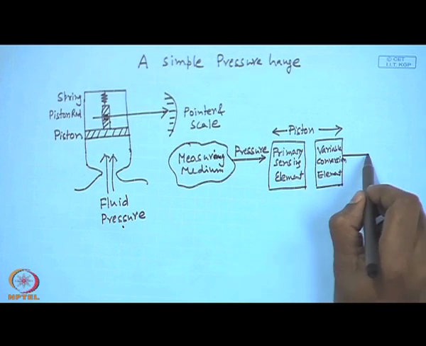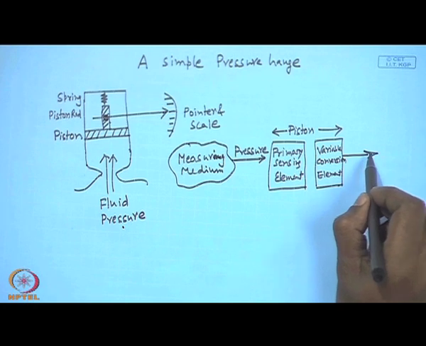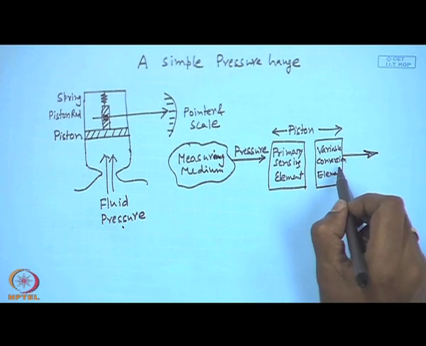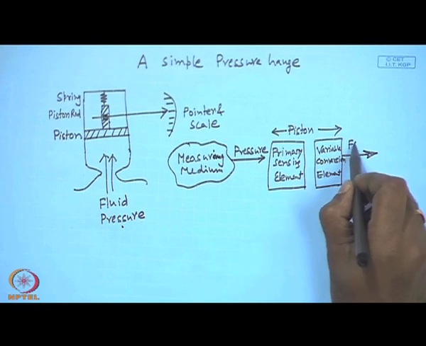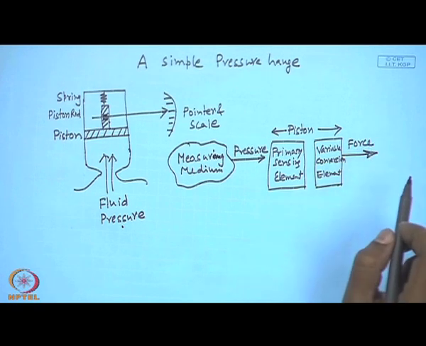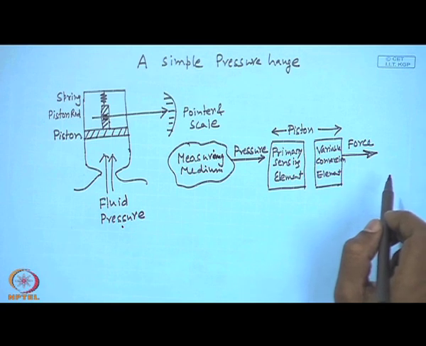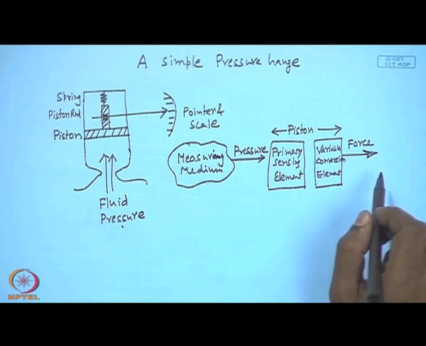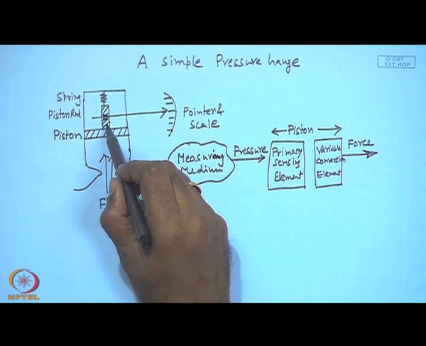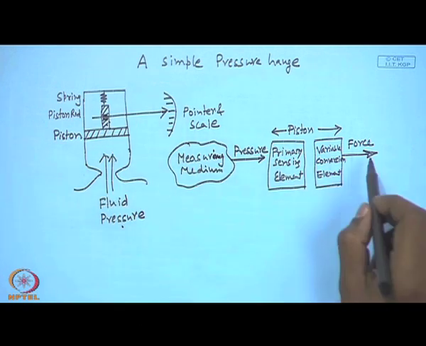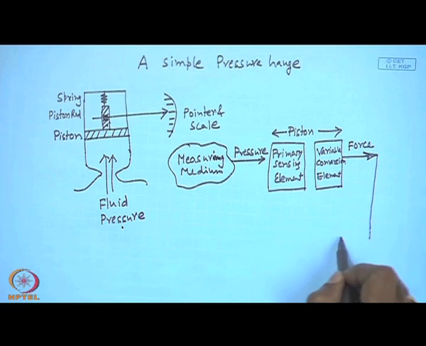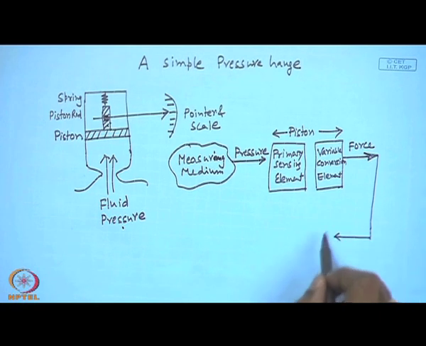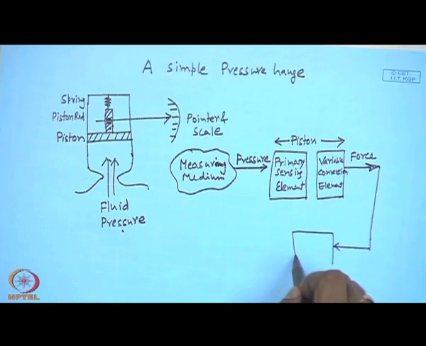So, the output from the piston is no more a pressure, but a force signal. Now, this force is transmitted by the piston rod. So, piston rod works as data transmission element.